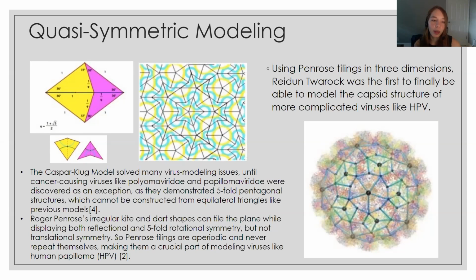Using Penrose's irregular kite and dart shapes, the plane can be tiled while displaying both reflectional and five-fold rotational symmetry, but not translational symmetry. Penrose tilings are aperiodic, they never repeat themselves, and so they were a crucial part of modeling viruses like HPV, which Twarock was able to do.